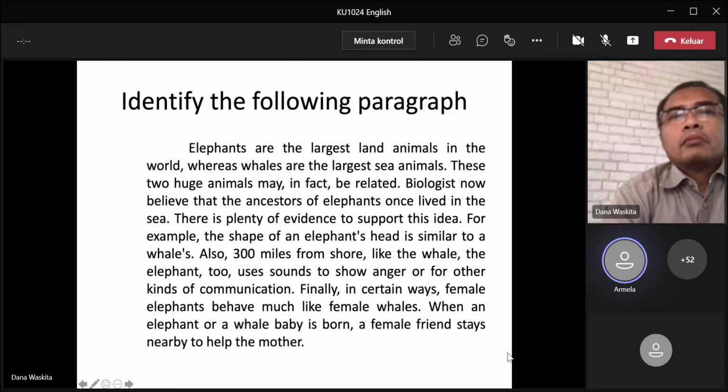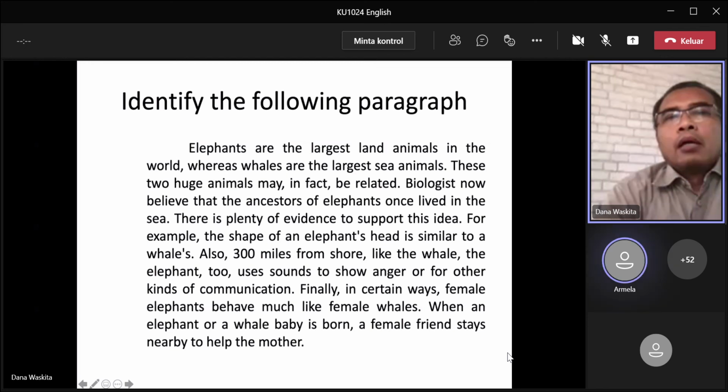Okay. Now we can find the topic sentence is at the beginning, isn't it? Yes, it is at the beginning, talking about elephants and whales. The sentence that introduces the topic, that's what we call the topic sentence.